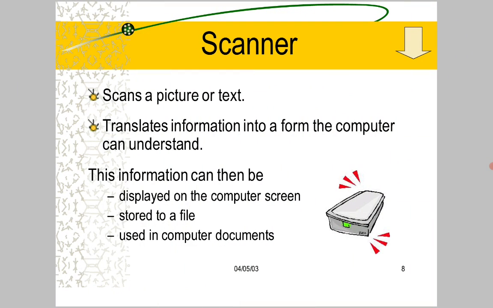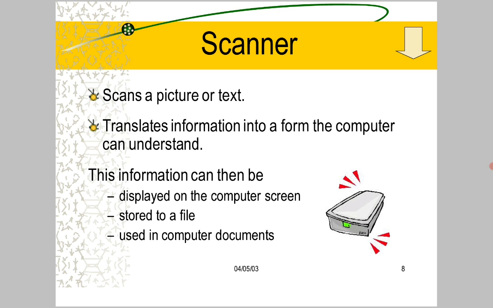Next is the scanner. So what is a scanner? Scanners scan a picture or text and translate the information into a form the computer can understand. This information can be displayed on the computer screen or stored in a file used in computers.